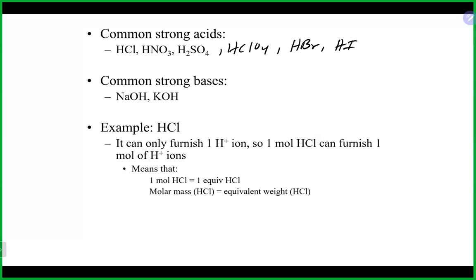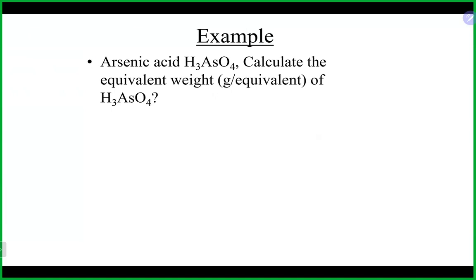Sodium hydroxide, potassium hydroxide, calcium hydroxide, and strontium hydroxide are some strong bases as well. HCl, like I said before, gives you one equivalent because it will produce one H plus when it breaks apart.